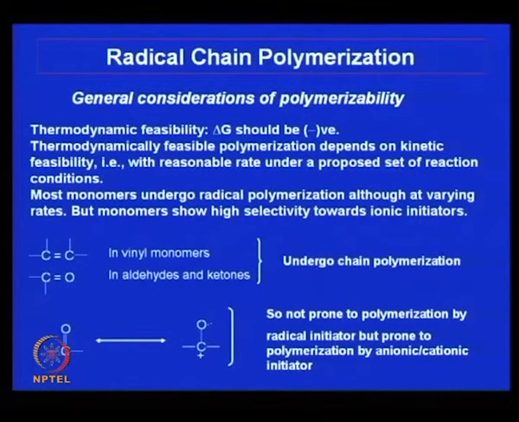Compounds are available like ethylene, propylene, butadiene, isoprene, vinyl chloride, methyl acrylate, methyl methacrylate, acrylic acid. Each of these compounds contain an olefinic unsaturation or a double bond in the molecule. These are organic molecules and they contain some olefinic double bond. Now, that olefinic double bond supplies the functional site for linking up with one another, forming a large molecule, macromolecule.